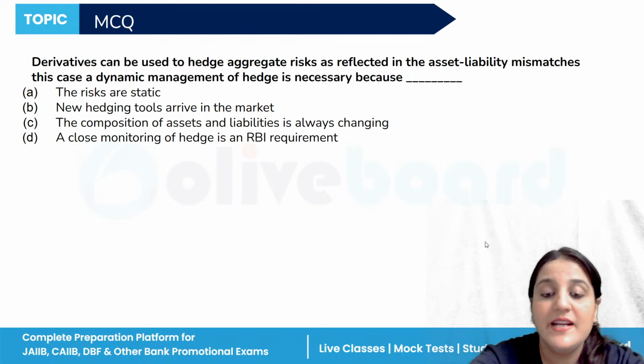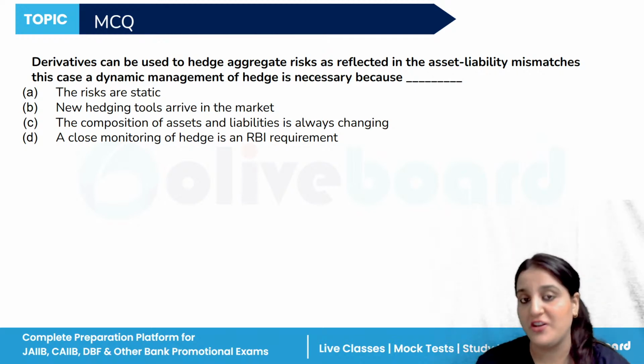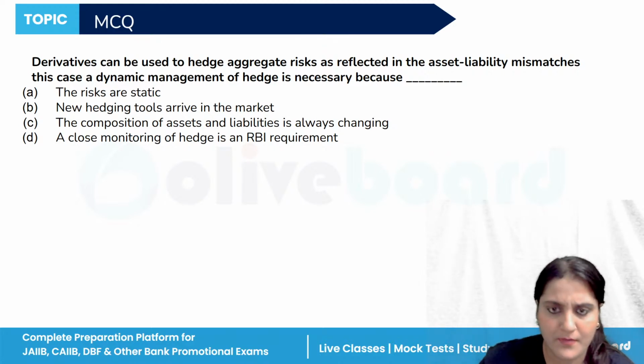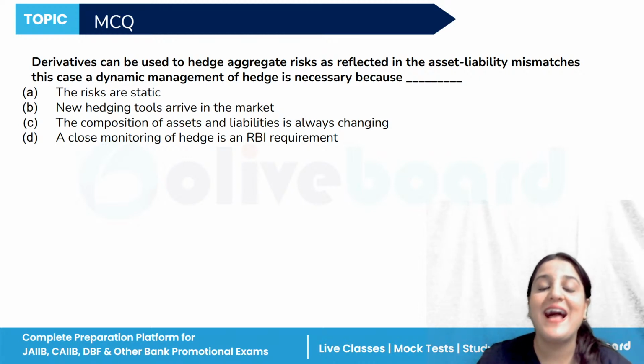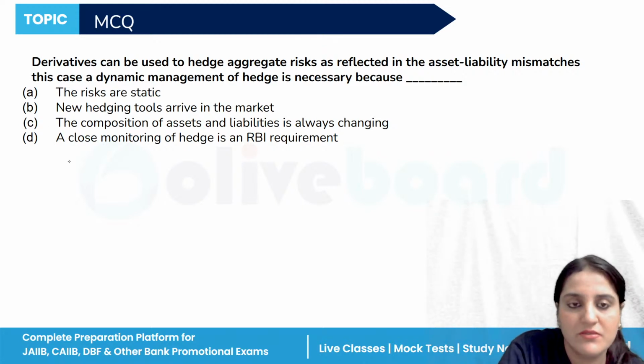In this case, a dynamic management of hedge is necessary, because derivatives are often used to hedge against the risk that arises from the mismatches in the asset liability structure of an organization. This requires dynamic management of the hedge, because the composition of assets and liabilities is always changing. So the answer is option C.